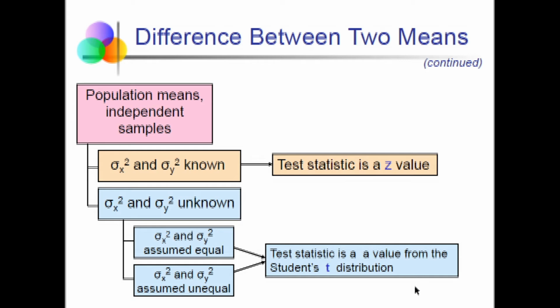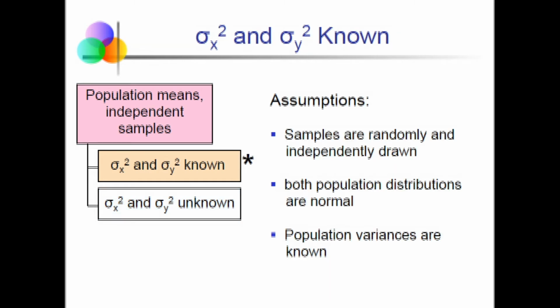We now proceed to the first case, when the population variances are known.